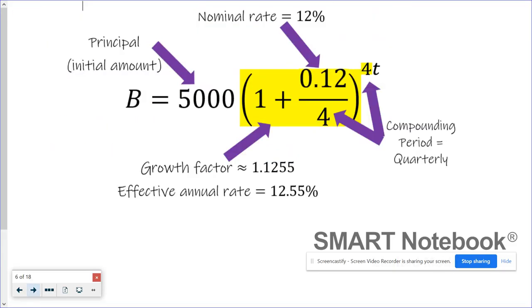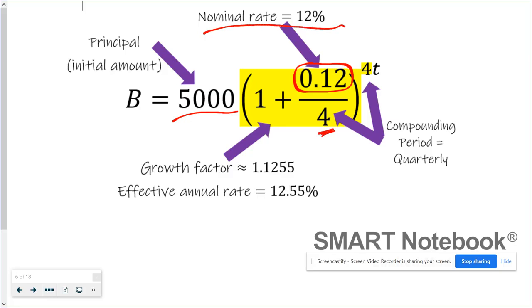But before we get there, I dissected an example of this compound interest formula. All right, so here we have the balance is equal to 5,000. 5,000, that's the principal, that's the amount of money I originally invested. Here I have the 0.12, and that's representing the nominal rate of 12%. Remember, the nominal rate is the stated rate.